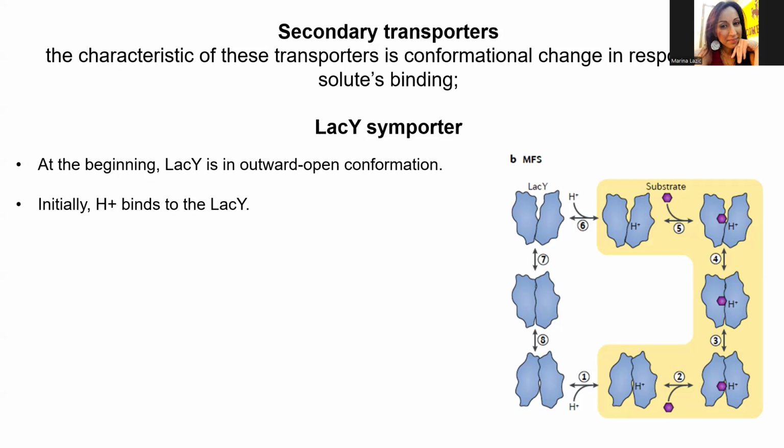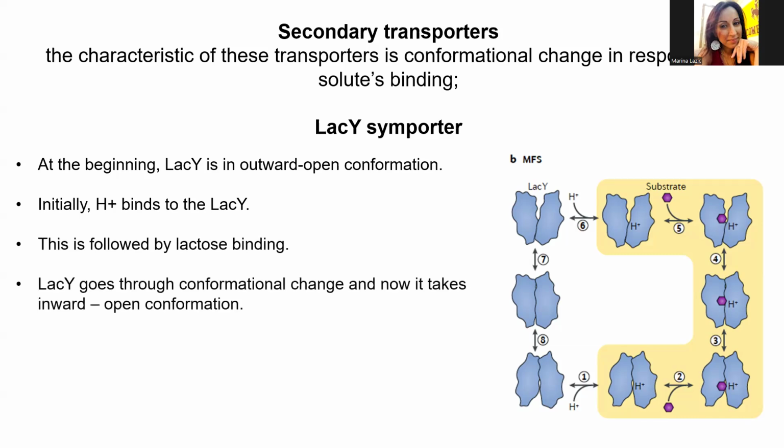In the LacY case, you will first have hydrogen and then lactose binding to the transporter. So just the order is different. Once lactose is bound, LacY goes through conformational change, and you can see here in the picture how it literally changes its shape, taking the inward open conformation.